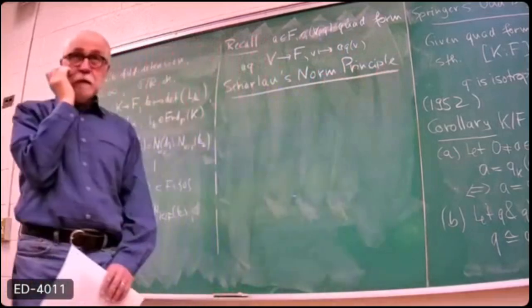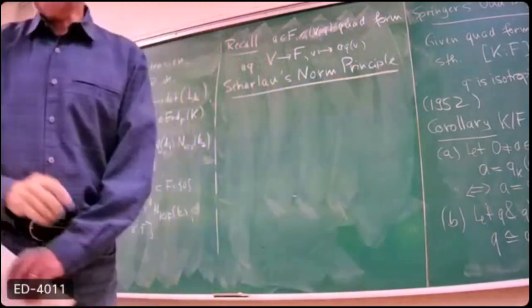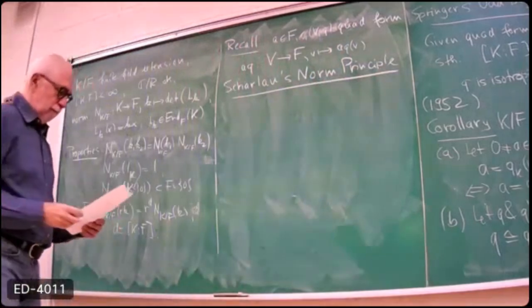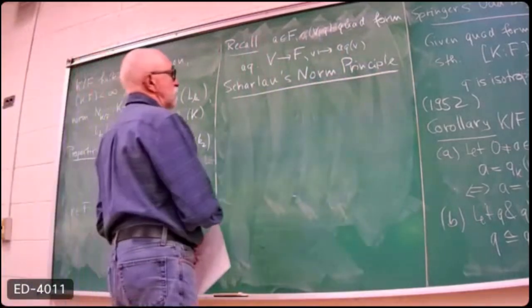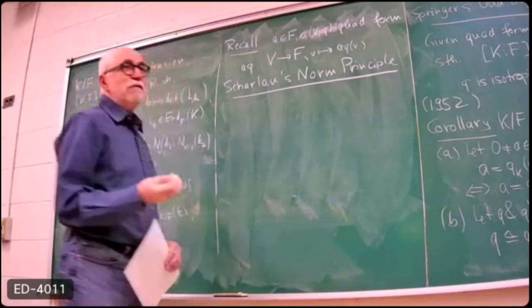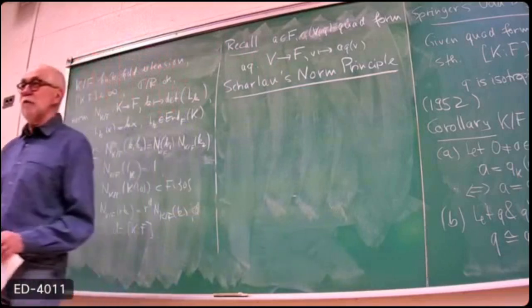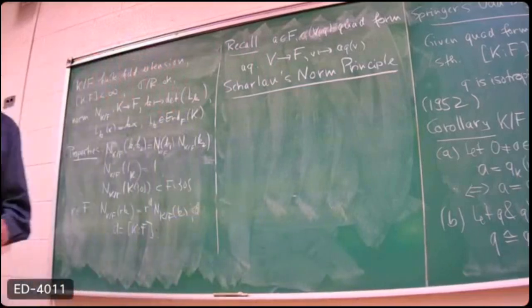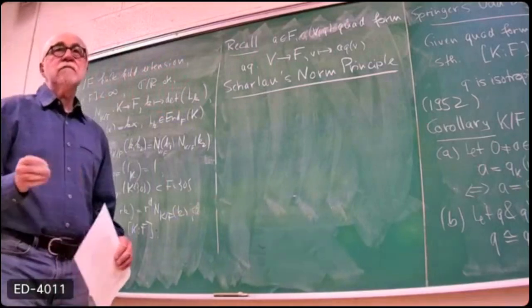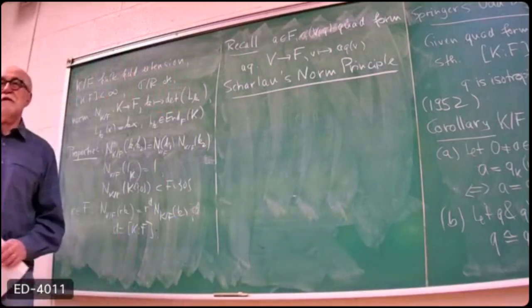Scharlau's principle is the following. I should first say who is Scharlau. Well, Scharlau was one of the main contributors to the theory of quadratic forms in the 1960s, 1970s, 1980s.